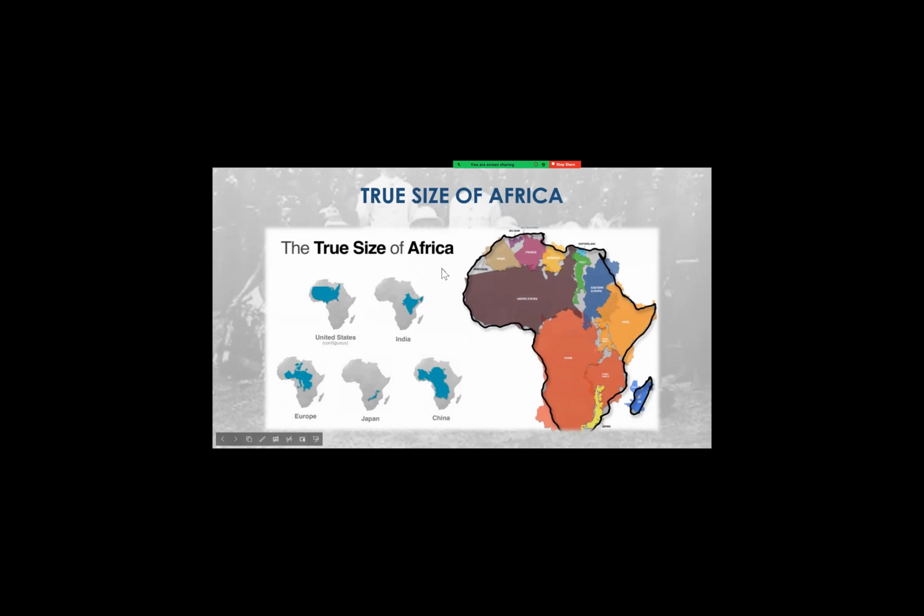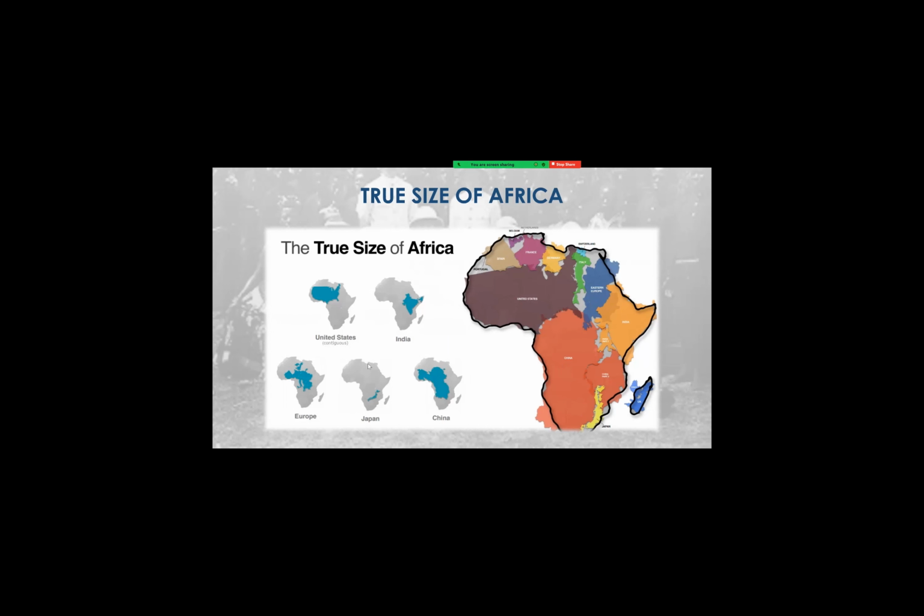So this is the true size of Africa in reference to the other continents. You can see that several countries, Spain, Portugal, France, the United States, Germany, Italy, Eastern Europe, China, India, all fit within the continent of Africa. And you can see them here on this side as well.